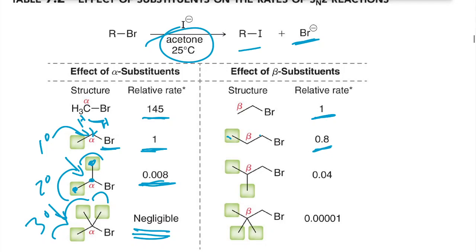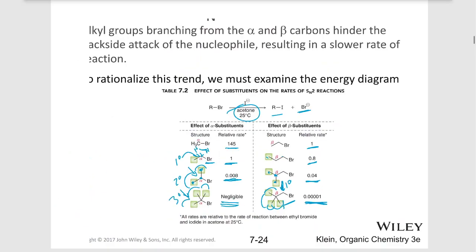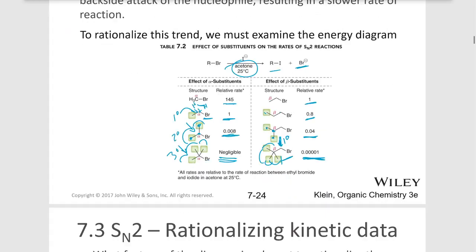And then if we have the 2 carbons attached, then we're going to have 0.04, so it's about 10 times slower. And then if we had, this is called neopentyl bromide, this is going to be way, way slower. Essentially no reaction because even though this is a primary alkyl halide, this neopentyl group takes up a huge amount of space. So sterics are a factor in this reaction, whether that nucleophile can get in there and do the reaction. Sterics are huge in this reaction.